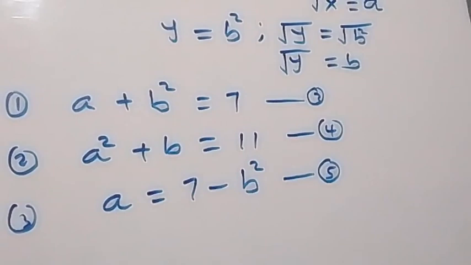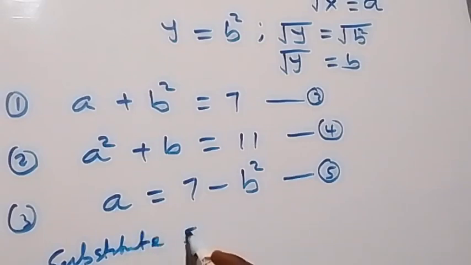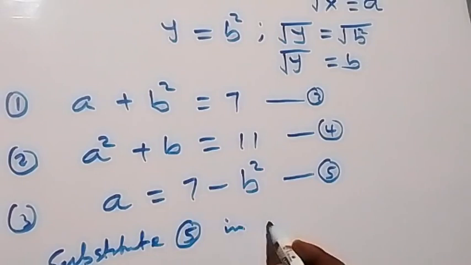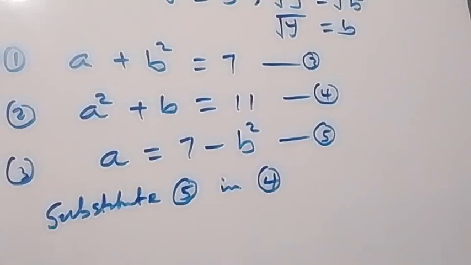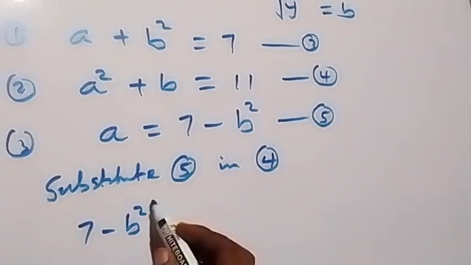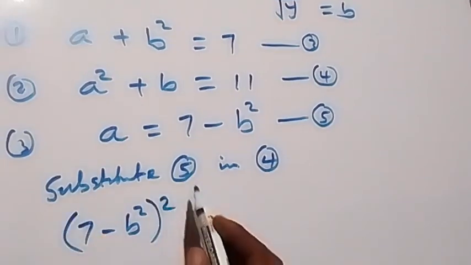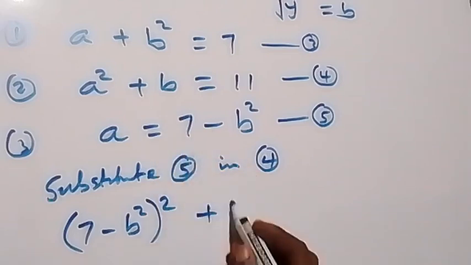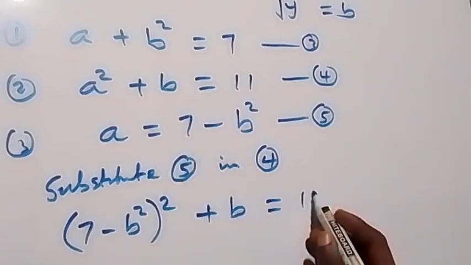Then next step, let's substitute equation 5 in equation 4, so that equation 4 will become a square, which is 7 minus b square all squared, plus b equals 11 on this side.